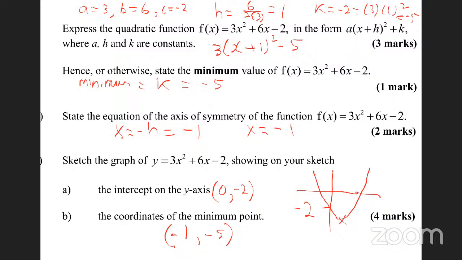It's on the wrong side, right? Because both the x value and the y value are negative. So it's -1, -5, and this value here, -2. And you're good to go? All right? Copy it down. Let's go to transformations now.